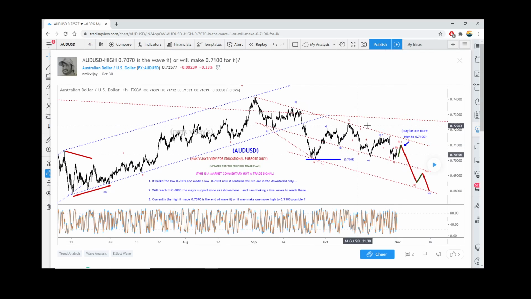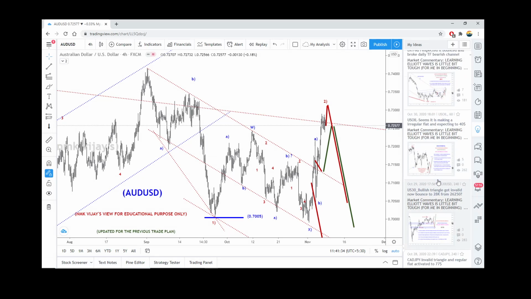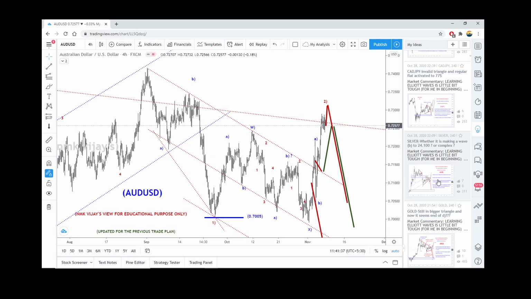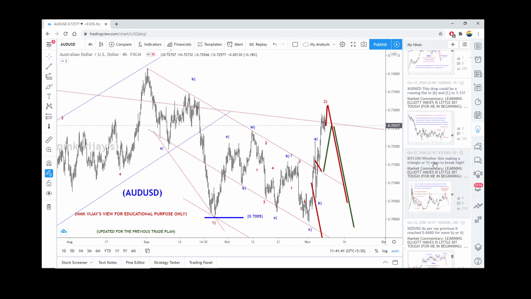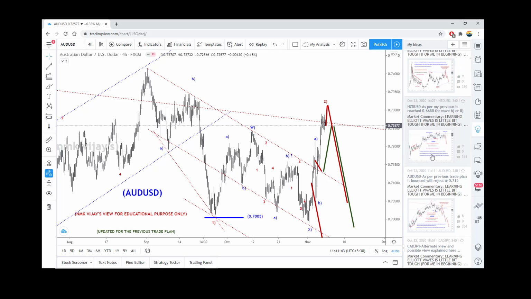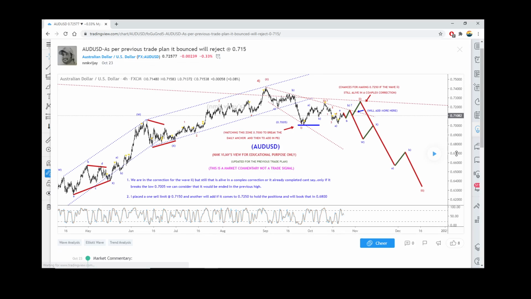See, I marked it as a question mark and then the previous chances for making 0.7250 if the wave 2 is still live in a complex correction.